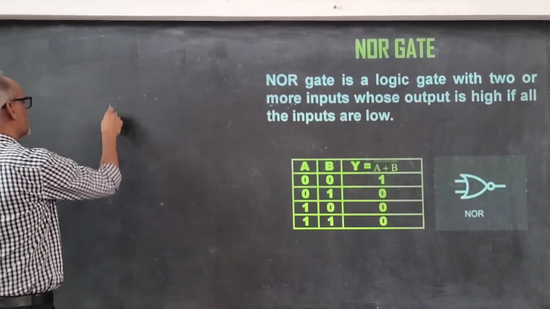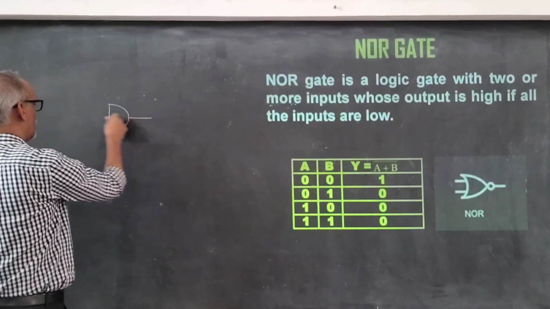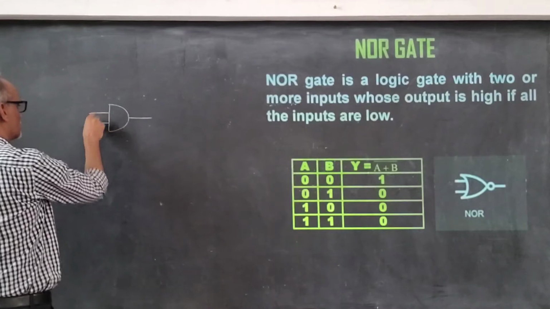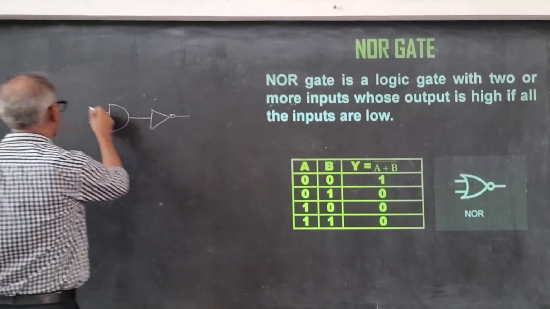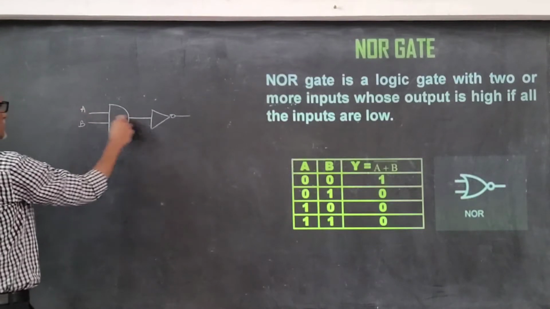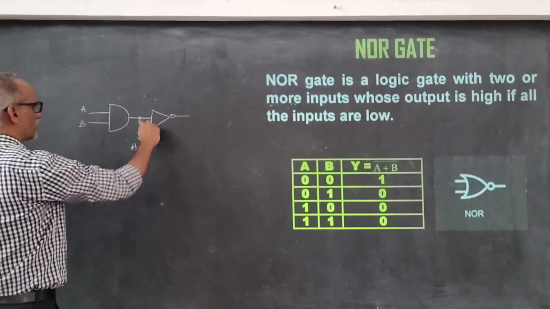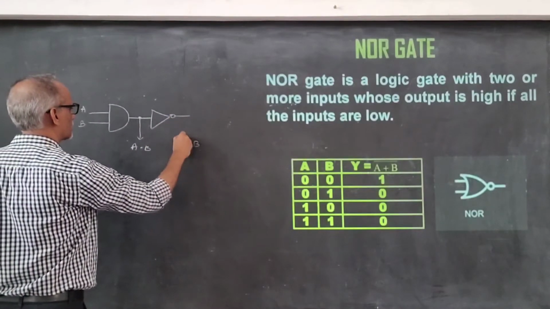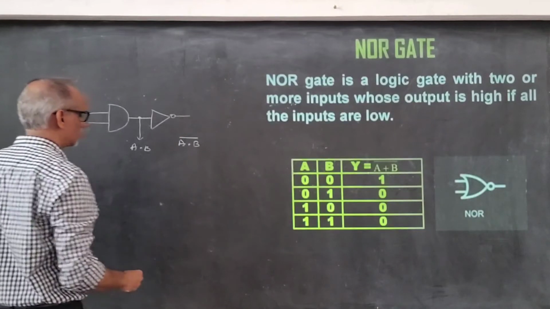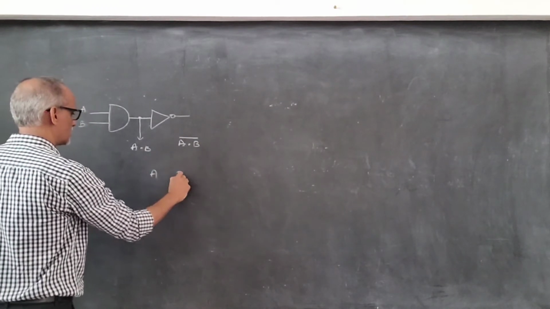Now I will take an AND gate, this is AND, and connect it to a NOT gate. This is A, this is B, the output here is A dot B, and now a NOT gate, which is the inversion of A and B. So let's see the output.